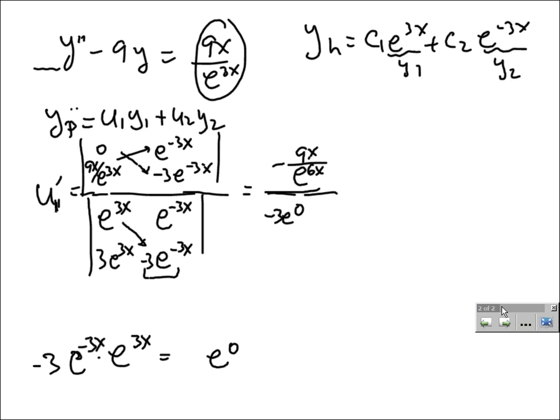If you have this negative 3 in front, you get negative 3 times 1, which is negative 3. Which is important to know because we're going to use this for the bottom. So this product is negative 3. Minus, now that product is positive 3. So again, it's minus 3.